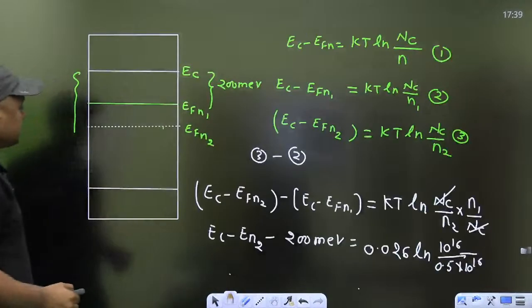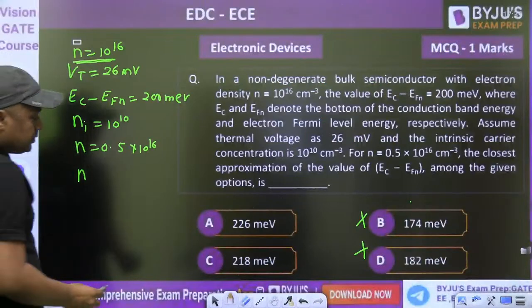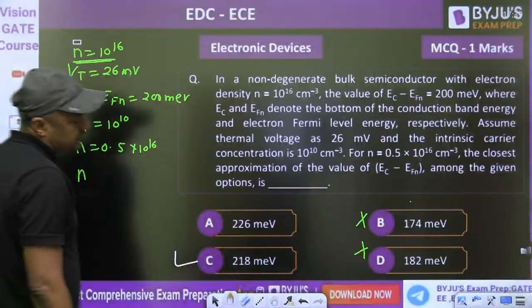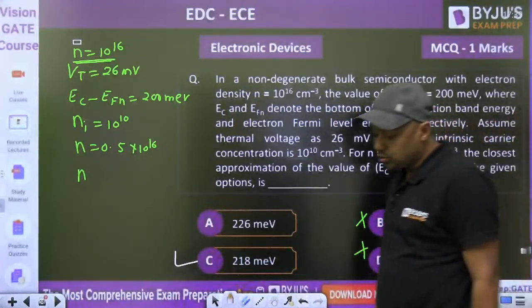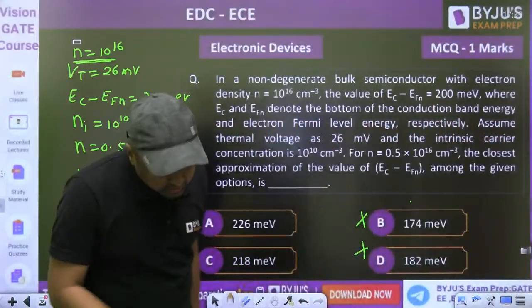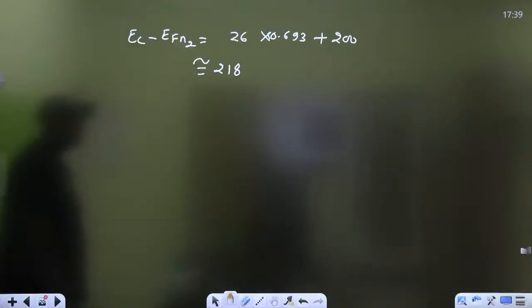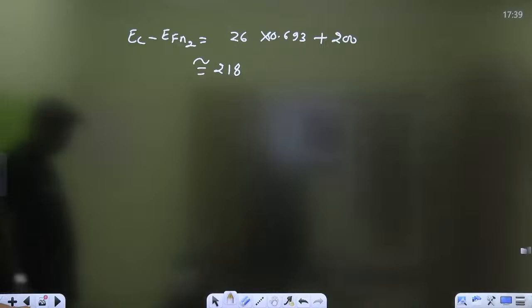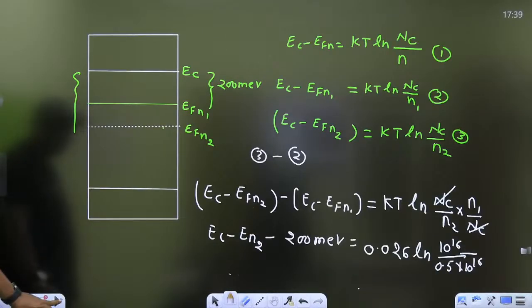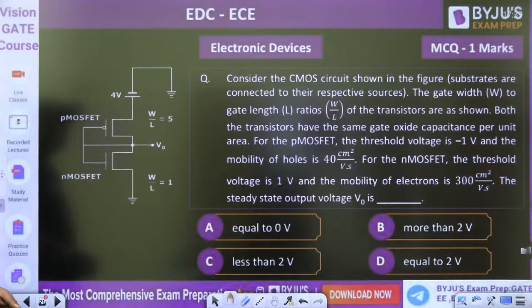So what is the answer here? No need to use the calculator. It is not 226. It is 218 milli electron volt. Log 2 is 0.693. Now, next question.